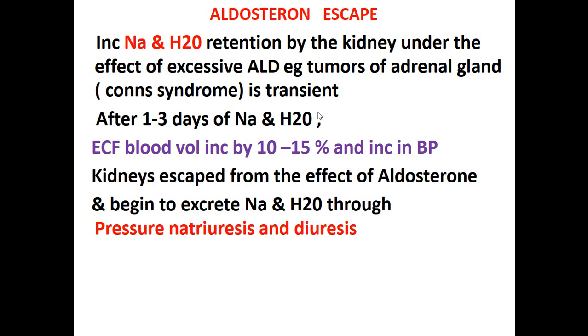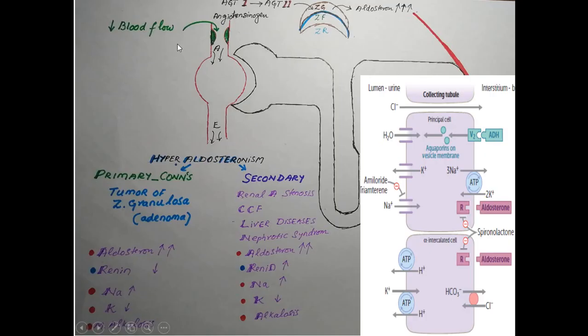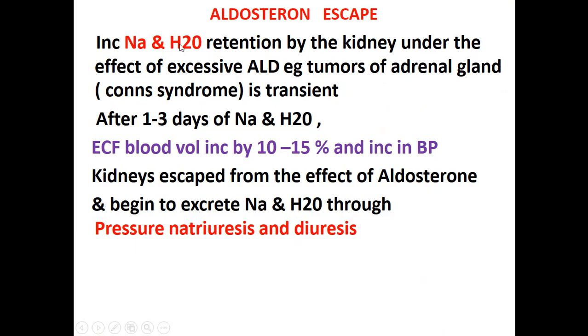We have seen this pressure natriuresis and diuresis in our classroom lectures. So although the aldosterone has an effect on the reabsorption of water and sodium, excessive retention will increase your blood volume. Blood volume will increase your blood pressure, and when this blood pressure affects your kidney, the kidney will excrete excess sodium and water through a process known as pressure natriuresis and diuresis, and your sodium and water level becomes normal.